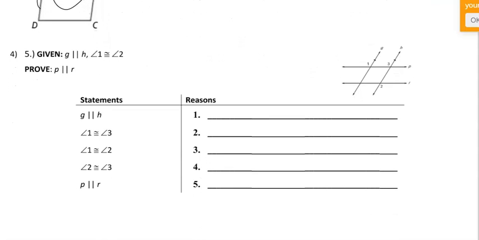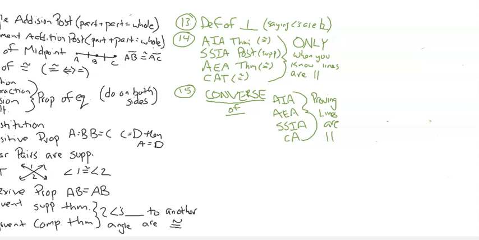This is tricky. So let's walk through this. It says that we know lines are parallel. Your hint in your toolbox: when you know lines are parallel, you're almost guaranteed to be using one of these. So somewhere in my proof is going to be something like this.